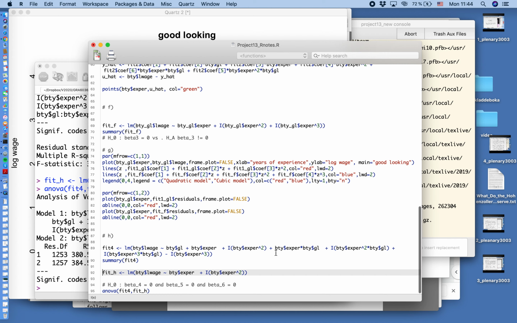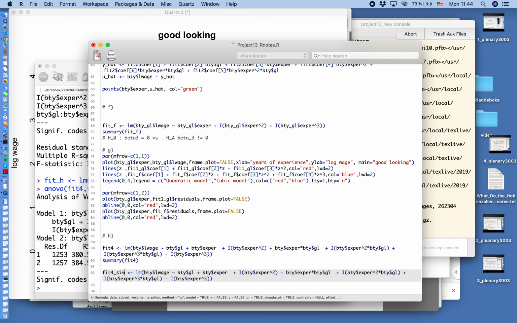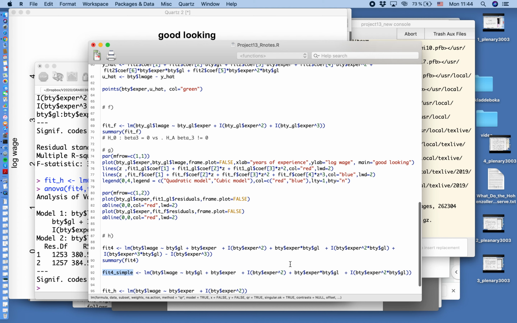And this we should then compare with, we can just do it right here. The interesting thing is, if we do fit 4 simple, I think we fit this model above, where we remove the cubic term. Now we want to assess if this model, where we do not include the cubic term, is better than the simpler model.